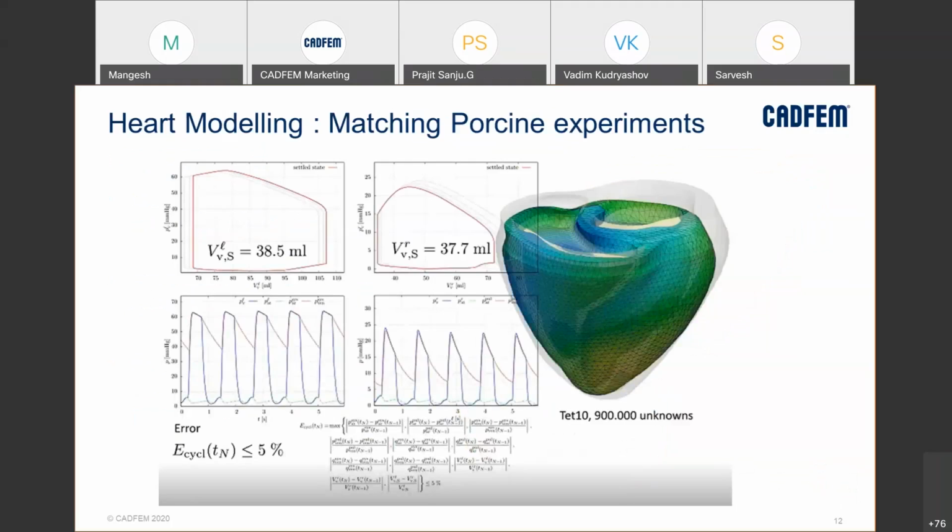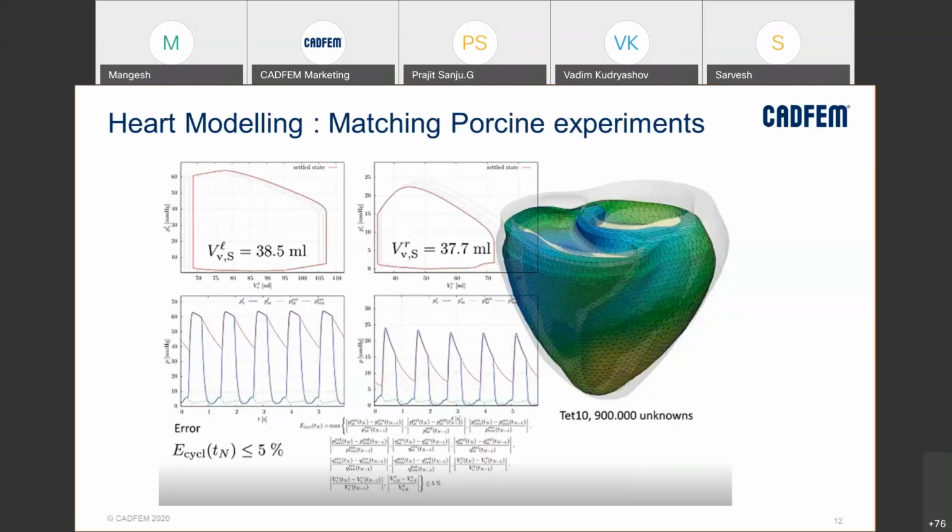You can see those transparent, dotted lines of pressure and volume. The dark lines are the ones from the simulations, and the dotted lines come from some experimental data we collect for the heart.